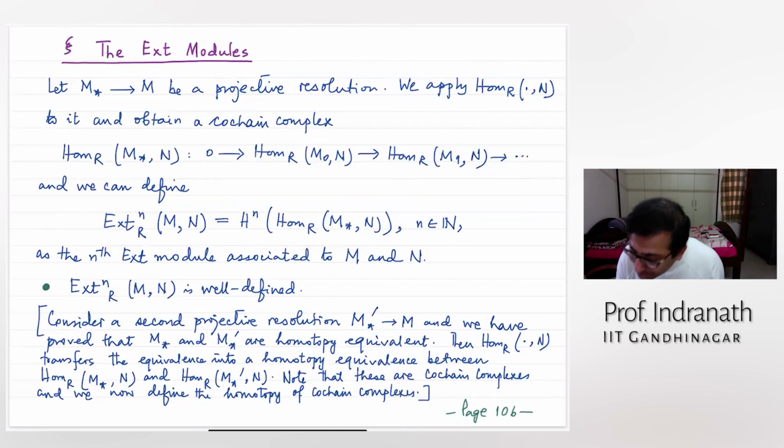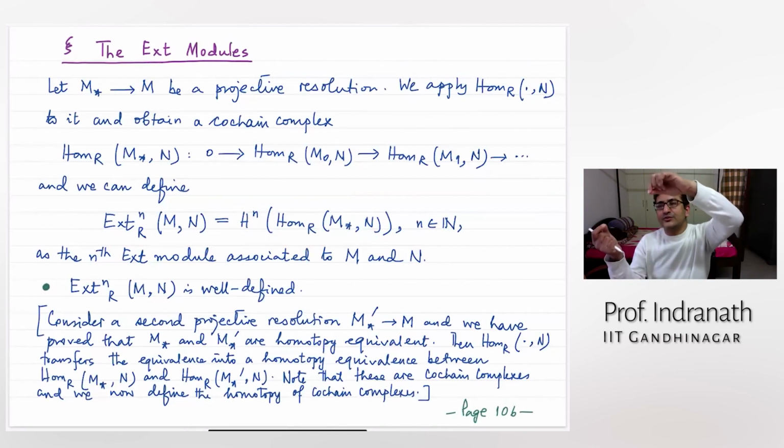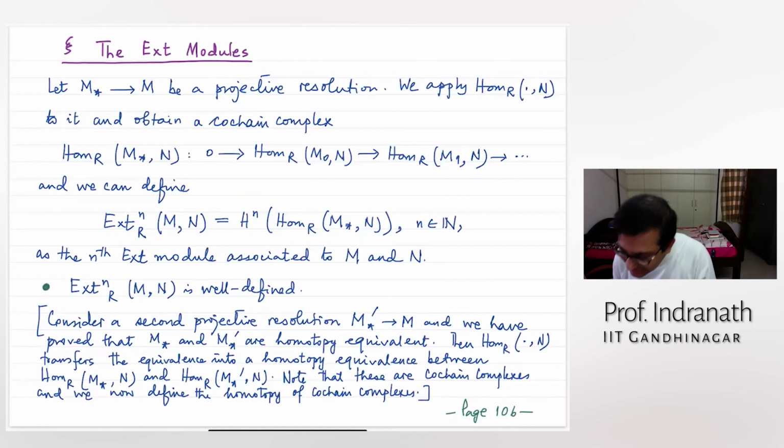Now, a similar question would come: you should show that it is independent of the projective resolution that you started with. Same kind of technique. If you take two projective resolutions, we have already proved that we will be able to define a homotopy. Consider a second projective resolution; we have proved that M star and M star dash are homotopy equivalent.